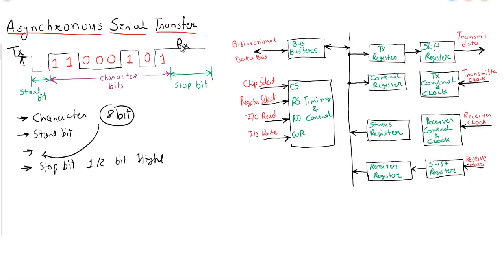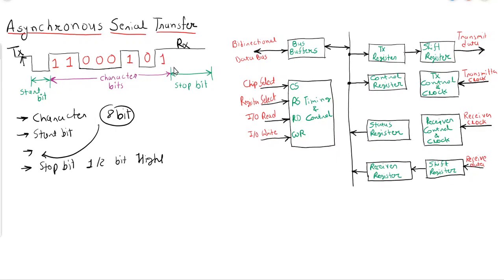So the receiver will assume that the transmission is over. After the 8 bits, there will be a stop bit of 2 bits, or 2 clock pulses. So this is how asynchronous data transfer works. The stop bits are always in the on state and frame the end of the character to signify the idle or wait state. This means the stop bit represents that the channel is now idle.